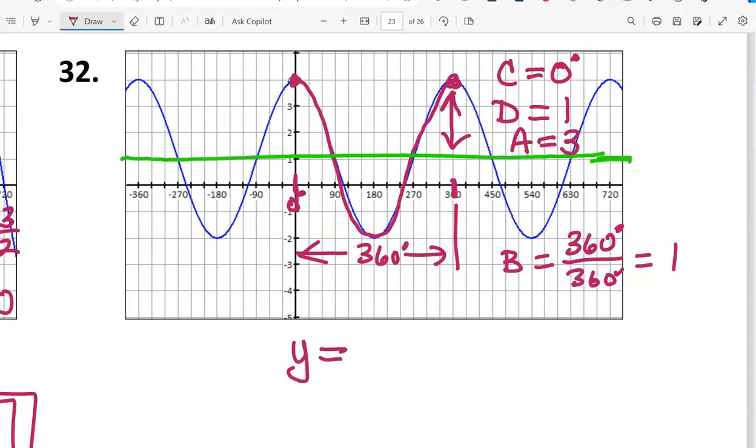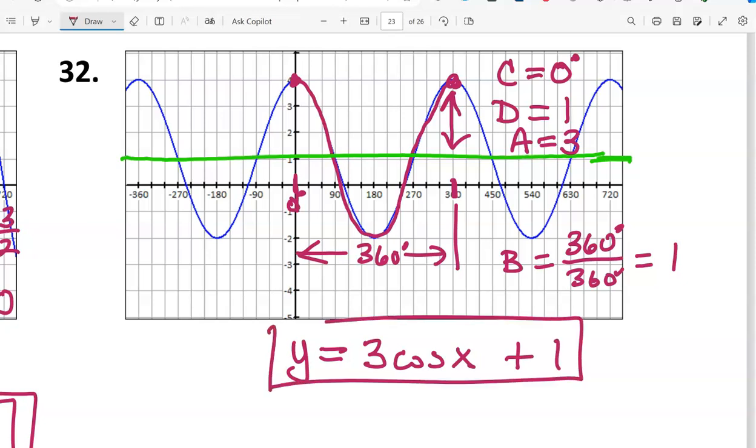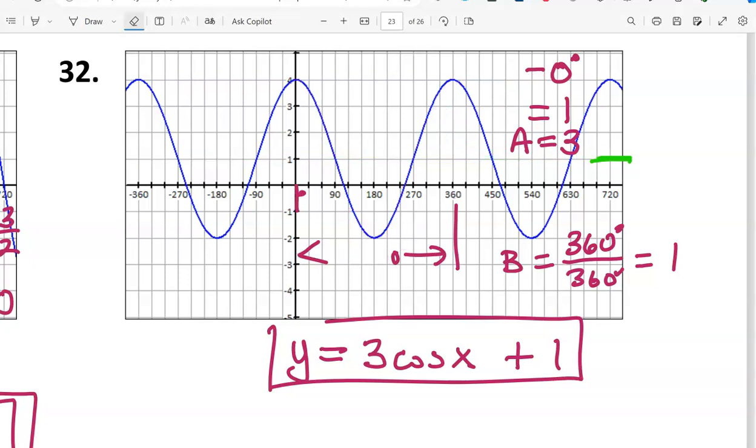So the equation of this cosine curve could be y equals 3 times the cosine of x plus 1. That's one possibility. What would happen if we explored it using a different trig function?